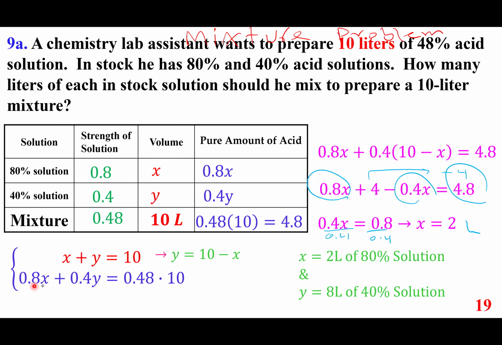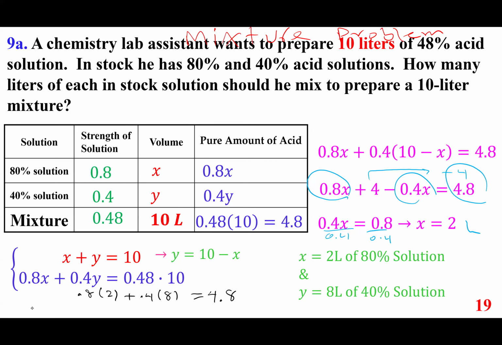In other words, 0.8. Here's the checking, everybody. Let's quickly do that. This is important. 0.8 times x, which is 2, plus 0.4 times y, which is 8, is it equal to 4.8?